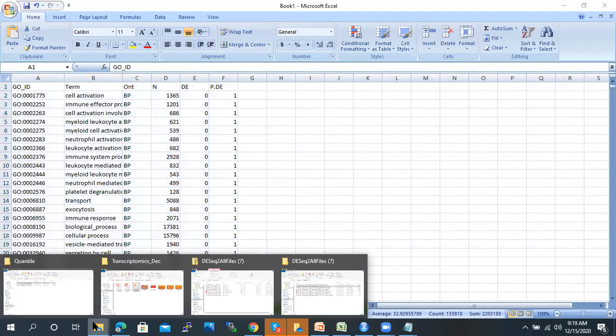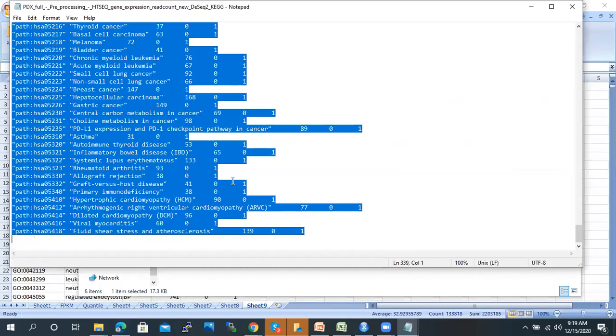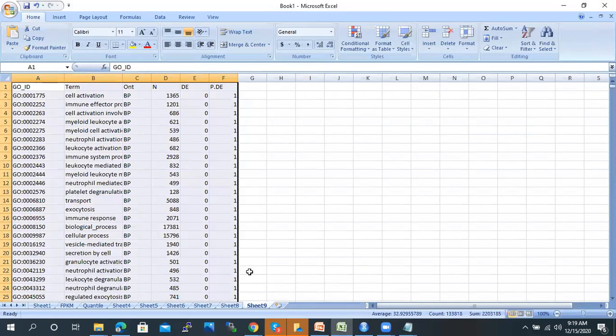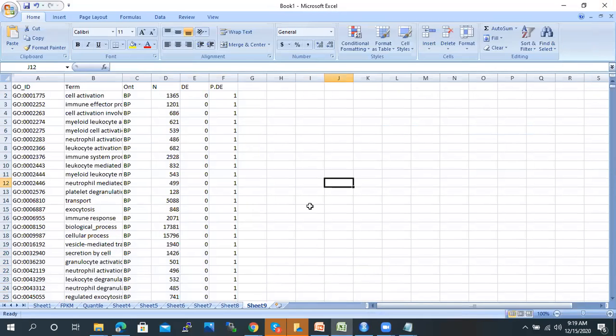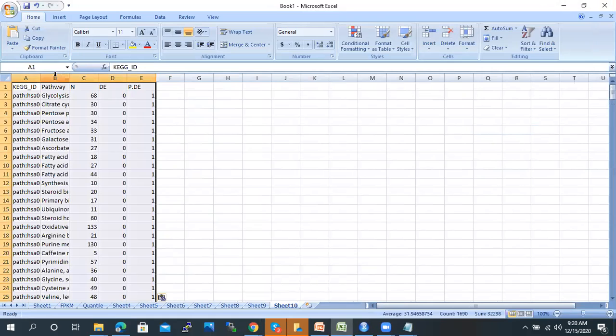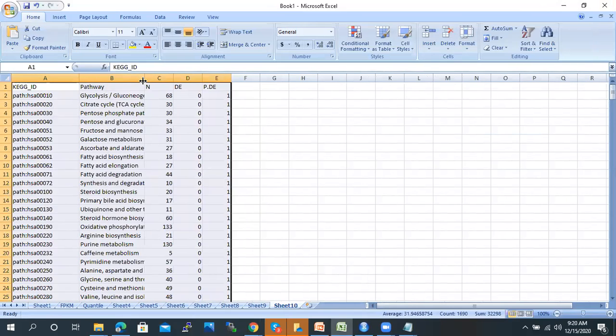So the next output, this KEGG pathway. So let me paste it here. It can also provide us which pathways are associated with our significant genes.